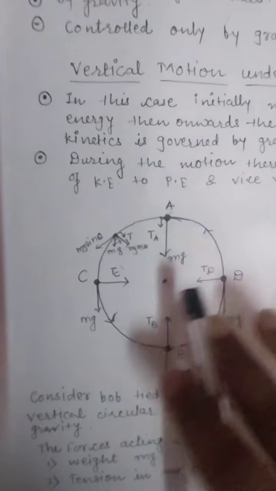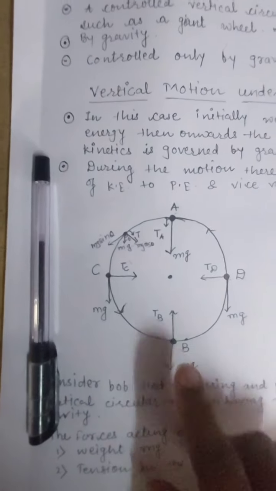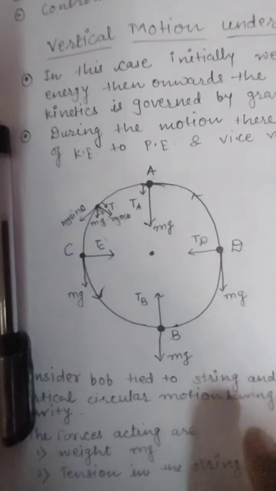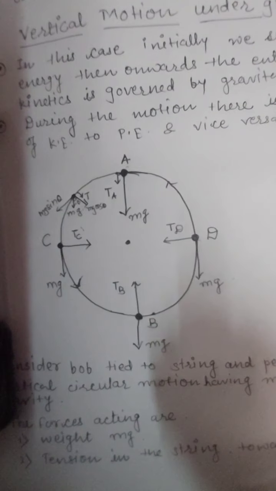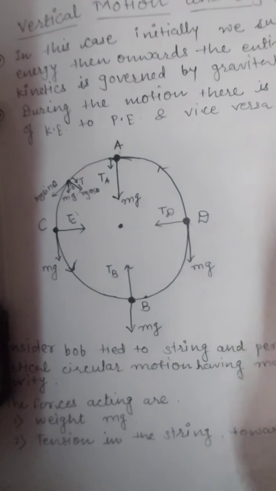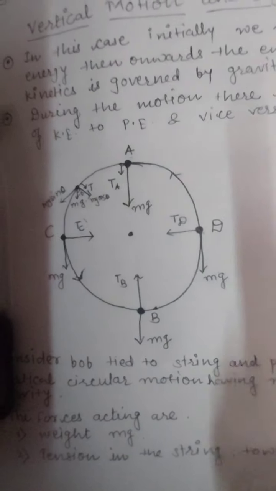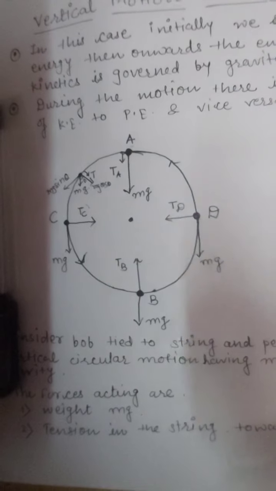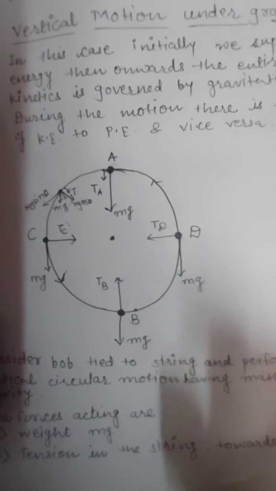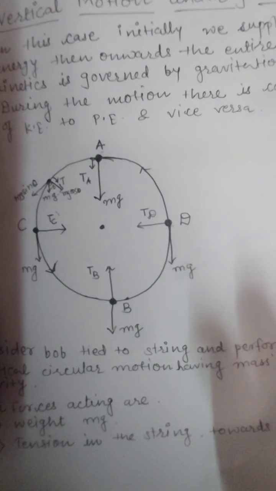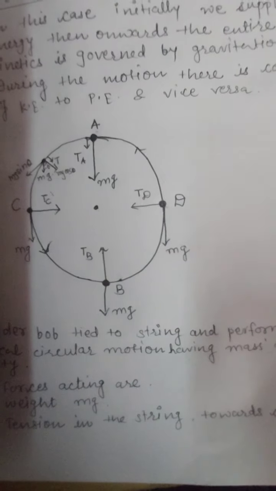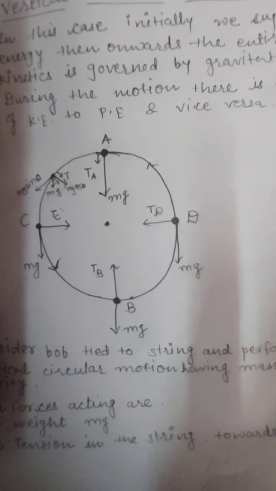Which are the forces acting here? First one is its weight mg, and second one is the tension in the string. These are the only two forces acting on the bob. Depending on the position of the bob, these forces change, because in vertical circular motion the speed is not uniform.